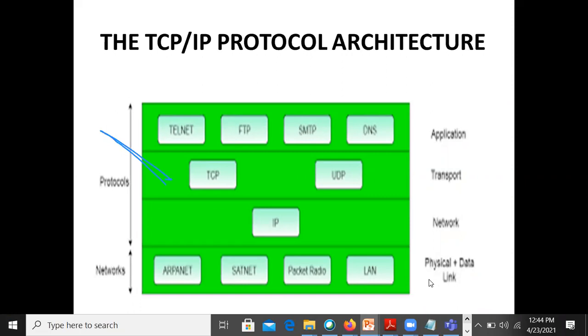The physical layer is in connection with the networks, so that's why it is said to be networks. The above three layers we define as the protocol layers, and the bottom layer we define as networks. Networks means directly in connection with the network, whether it is a LAN, local area network, or packet radio, or SATNET, or ARPANET. So different types of networks are there.